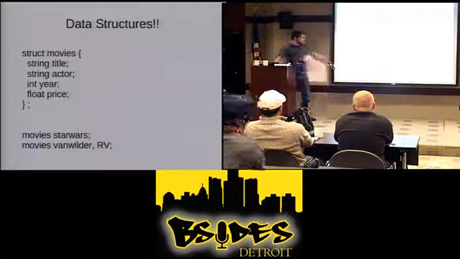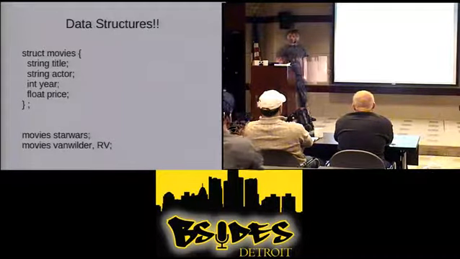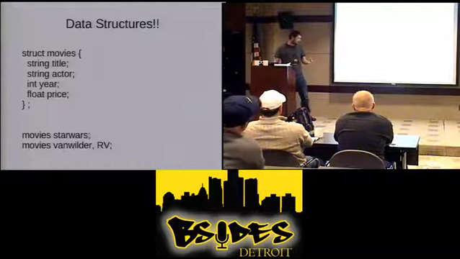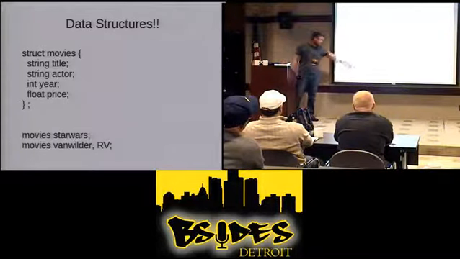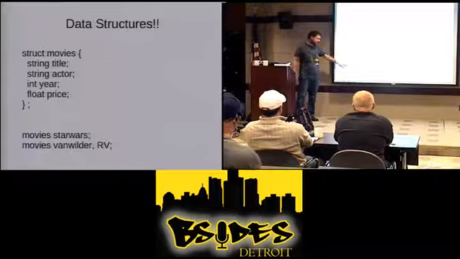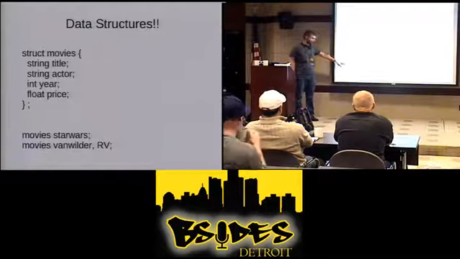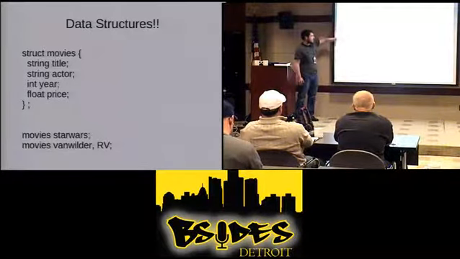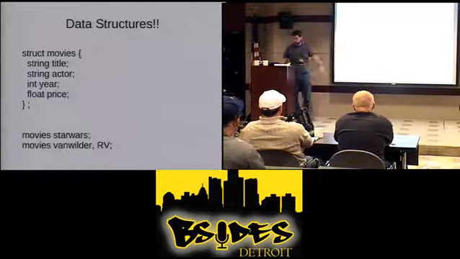All right. So we end up declaring a data structure by saying movies, Star Wars. So Star Wars is going to be the name of our new data structure. So that's the name of the data structure. The data structure type is movies. If you want to know what the background of movies is, you have to come back up to where you declared what the structure of your data structure is going to look like.